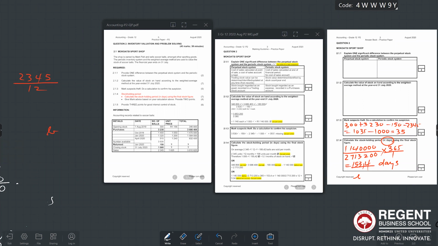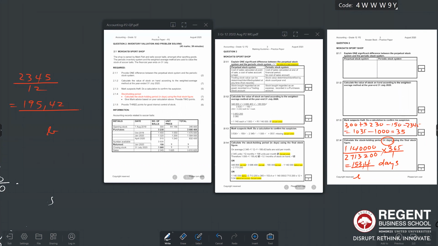I'm selling 195.42 soccer balls per month. Now I got 1,000 soccer balls left.